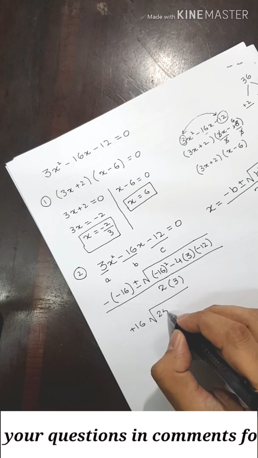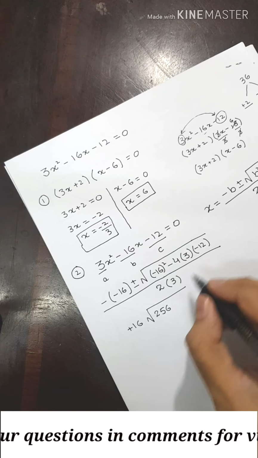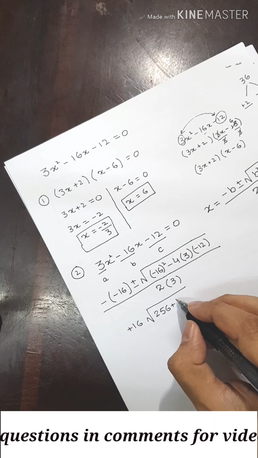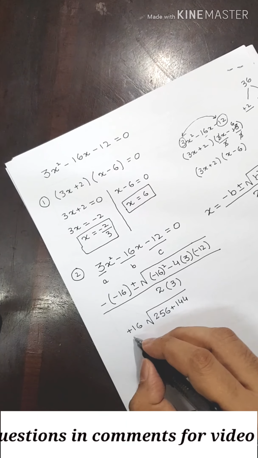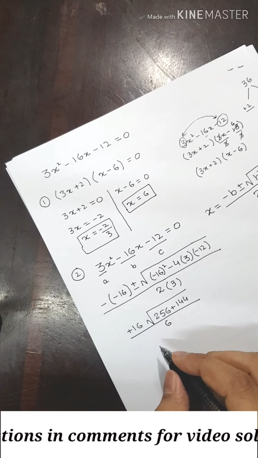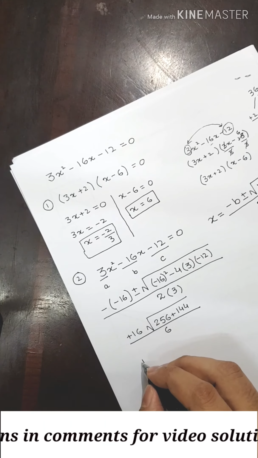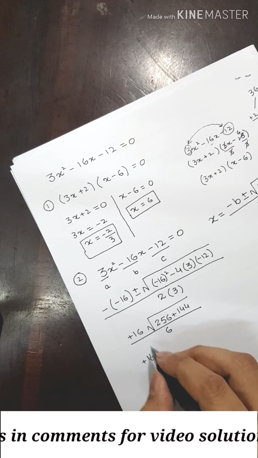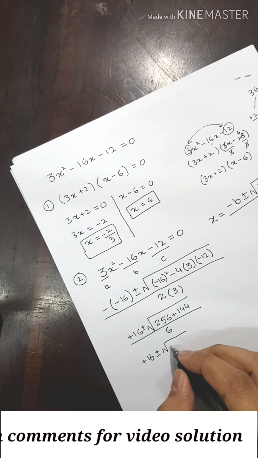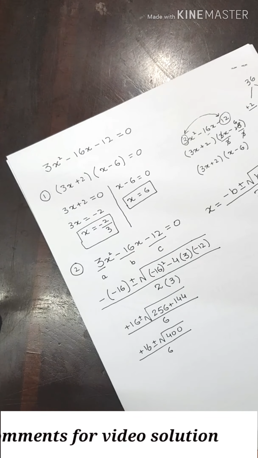So it will become 256, and 4 times 3 is 12, 12 times 12, and minus minus will become plus, it will become 144, over 2 times 3, which is 6. Now when you simplify, 256 plus 144 will become 400. So it is 16 plus minus, I forgot to mark this plus minus here, root 400 over 6, and the root of 400 is 20.